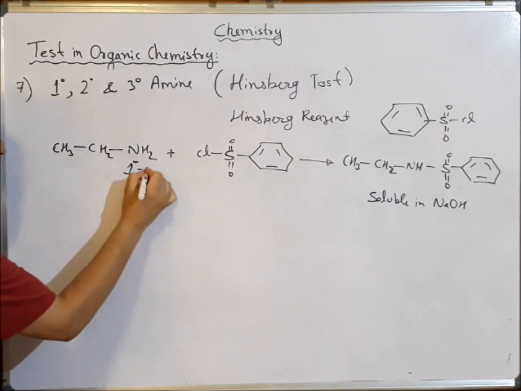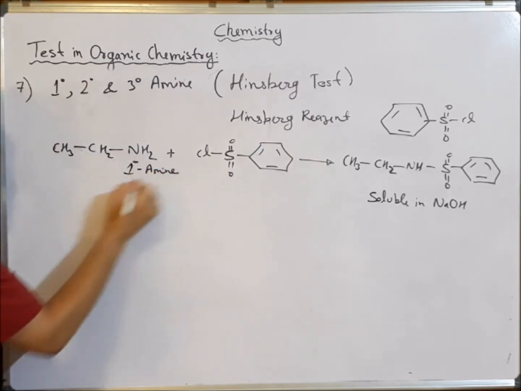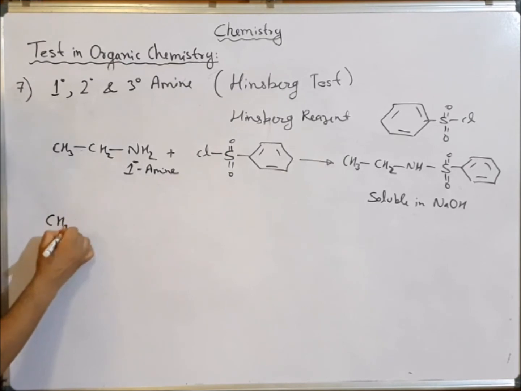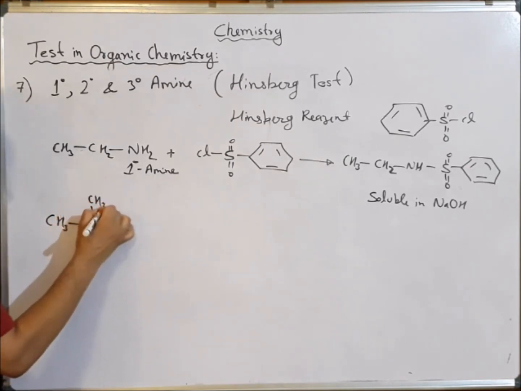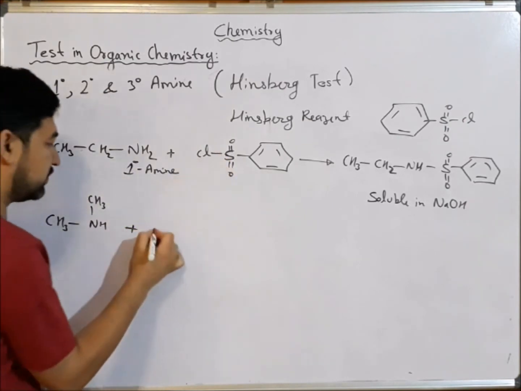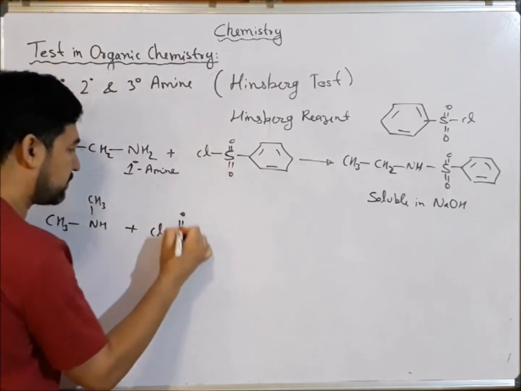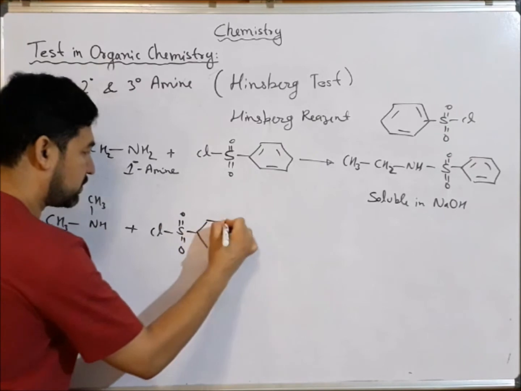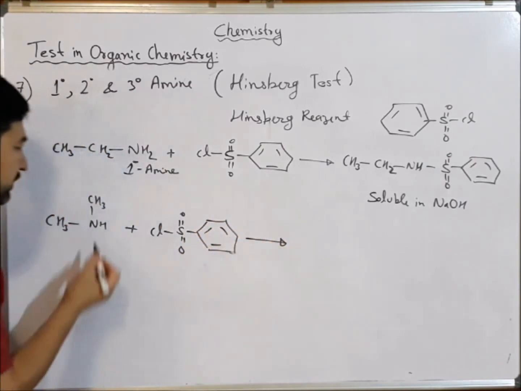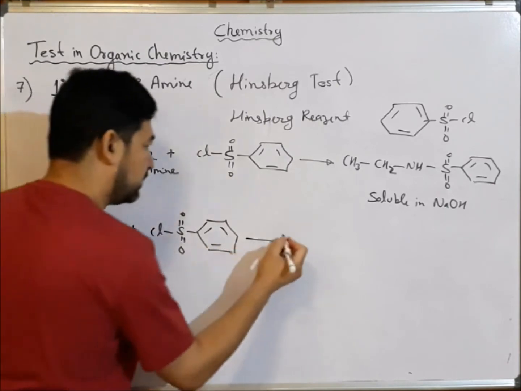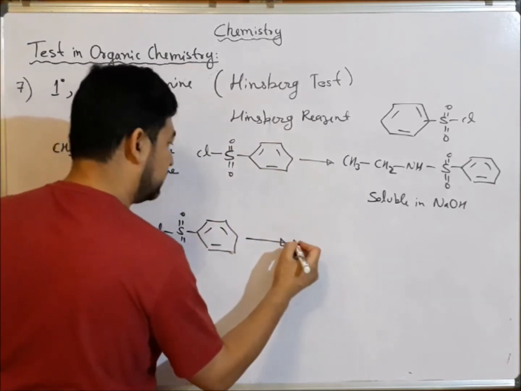Next, the secondary amine. If we have a secondary amine like this, when it reacts with Hinsberg reagent, again this H will come out and Cl will come out, so basically it gives HCl.